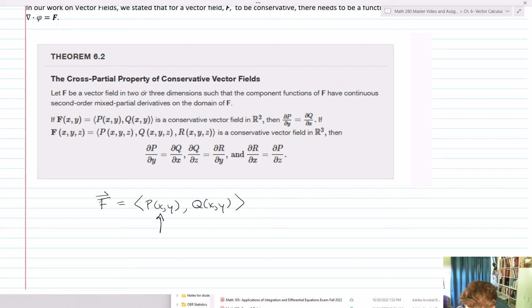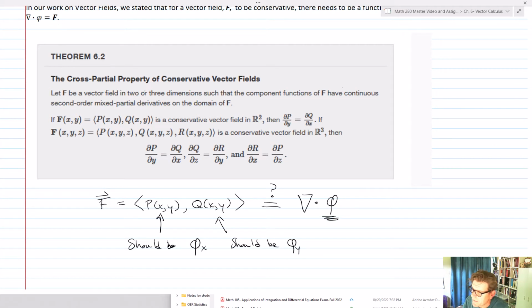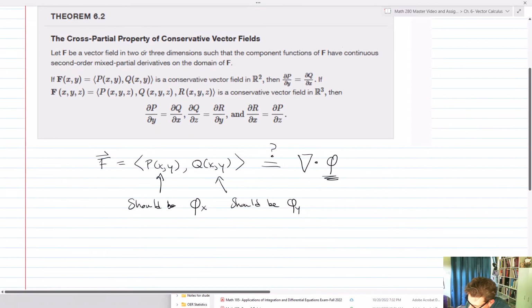If we actually do have our phi, this should be phi x, and this should be phi y, because theoretically we want to know whether or not we're actually going to get del phi. They should be coming from the same function. That same function is phi, which is our potential function. We want to know whether or not we actually are getting partials from the same function. So how do we know that that's the case?